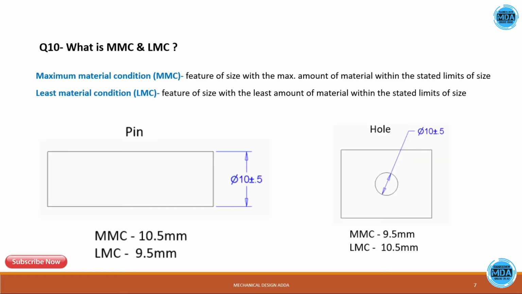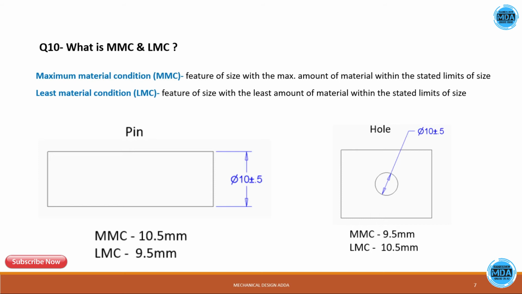Suppose I have a hole feature in a plate having a diameter of 10 and plus minus 0.5 tolerance. Then the maximum material condition for the hole is the smaller diameter, because if the diameter is smaller there is more material.